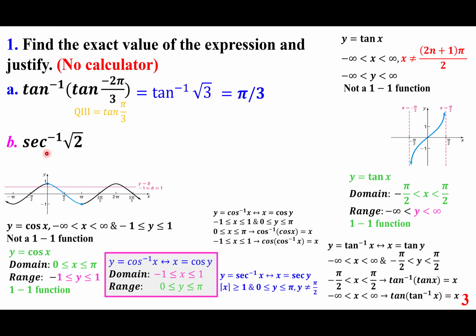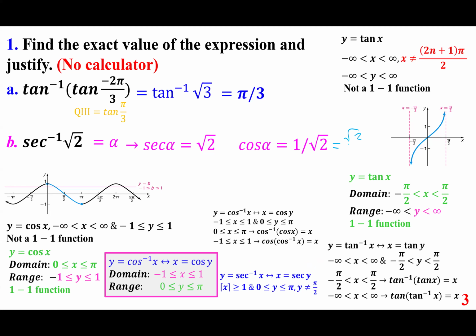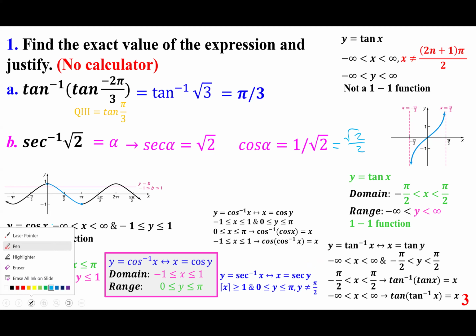anytime you want to find secant inverse, first set it equal to alpha, beta, gamma, x, whatever you want. By definition of an inverse function, x equals secant y, that means secant of alpha must be square root of 2. And now we go to cosine because secant is 1 over cosine. So if secant is square root of 2, then cosine is 1 over that. And 1 over square root of 2 or square root of 2 over 2 makes no difference.